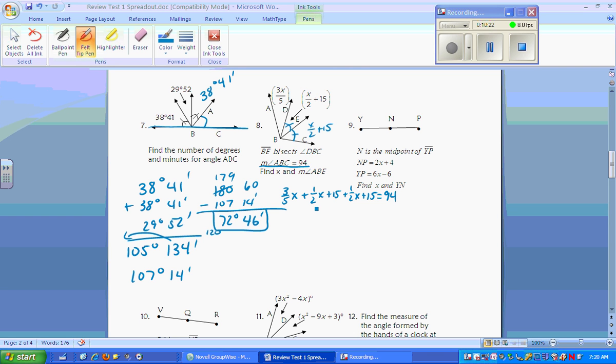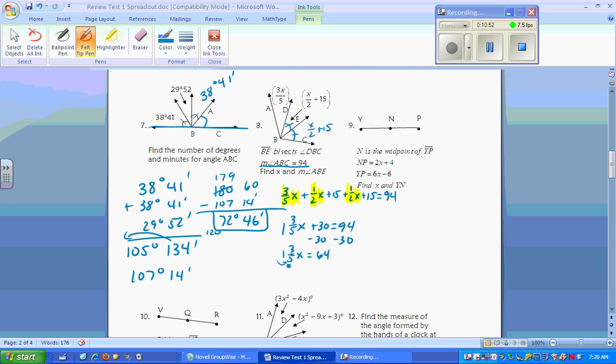Well, adding it up, I see, I highlighted, 1/2 x plus a 1/2 x plus a 3/5 x. So to me, half and half is 1, so we're going to have 1 and 3/5 x plus 30 equals 94. Well, I'll move this over, and I still have 1 and 3/5 x now equals 64. I don't like mixed numbers. Let's do it as improper fraction.